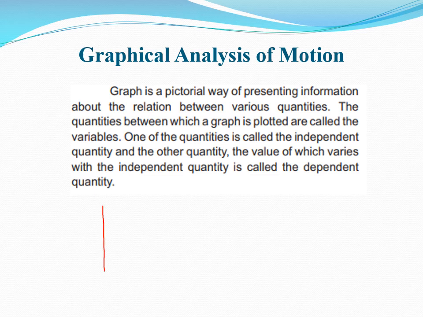The first is called the distance time graph, as shown here. It is called distance time graph. And the other one is speed time graph, like this. Again, time is taken along x-axis and the speed is taken along y-axis.